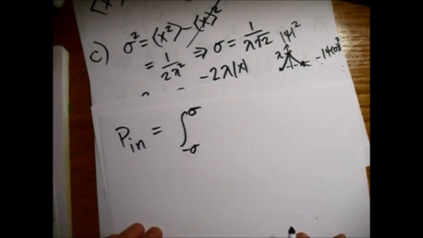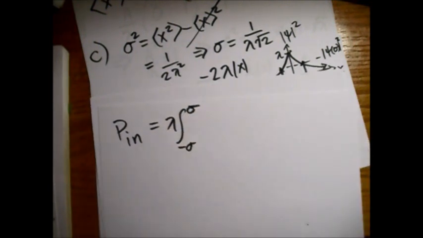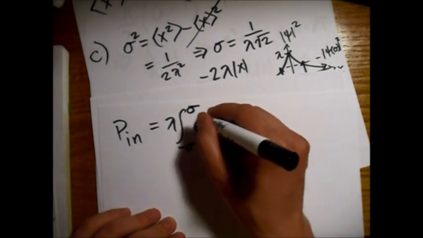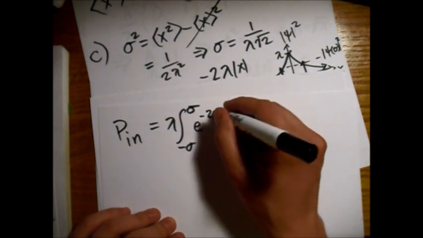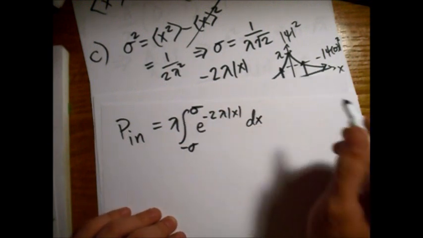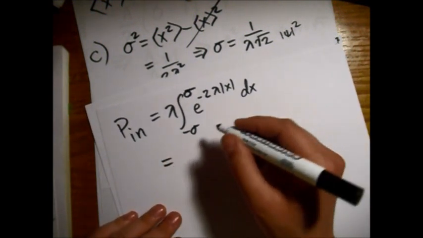Alright. Again, we'll have lambda out front, which is the square root of lambda squared, and our phase factor again gets thrown out. So we have an e to the minus 2 lambda absolute value of x again. Alright, so we're gonna do the same thing since it's an even function.